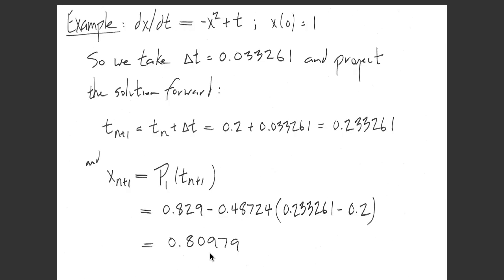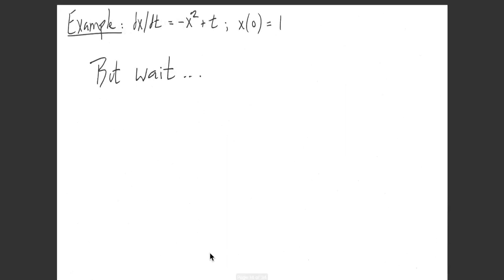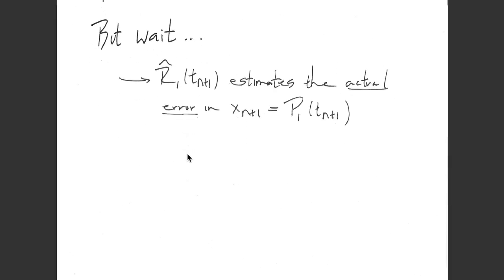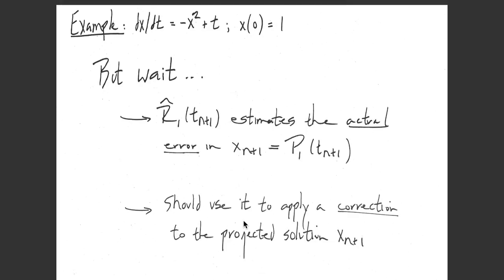But hang on a second. There's a little bit more that we can think about here. The estimated error is estimating the actual error in our projected solution. Now, if we have faith in that estimate, what we ought to actually do is add that estimated error as a correction to the projected solution.